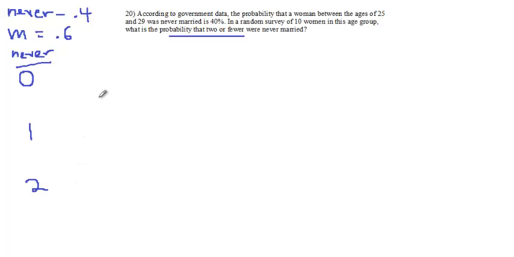Now, for each one, to figure out the probabilities, what you need to do is take 10 and use the C function. C is combinations. Whenever you're using combinations of something, you figure out the extent to which the combination is necessary.